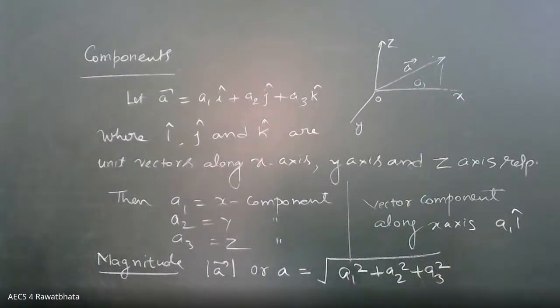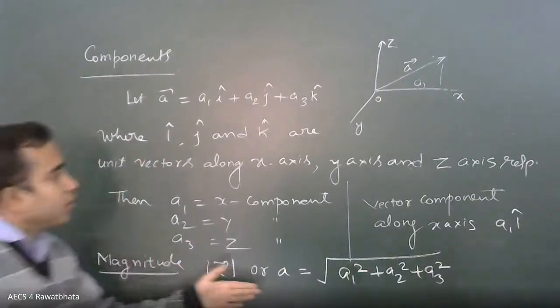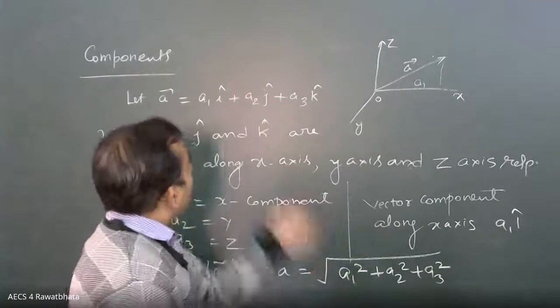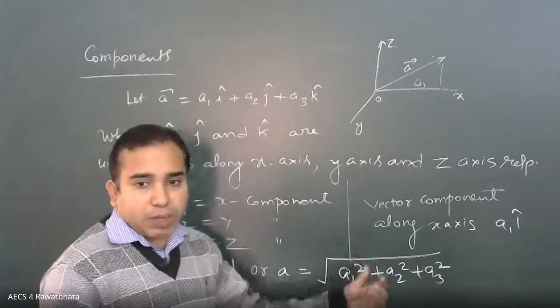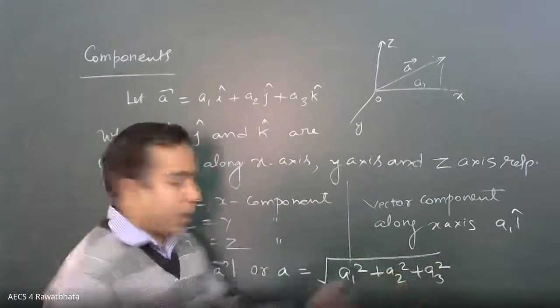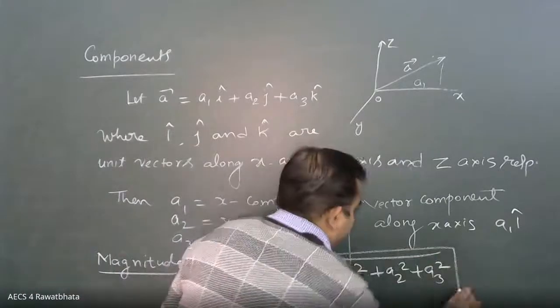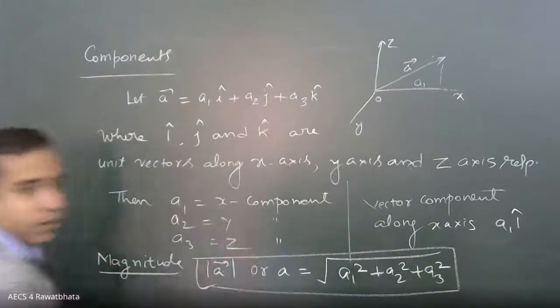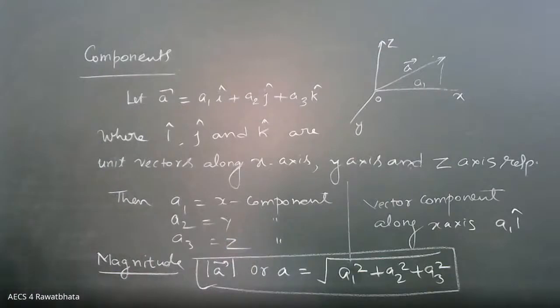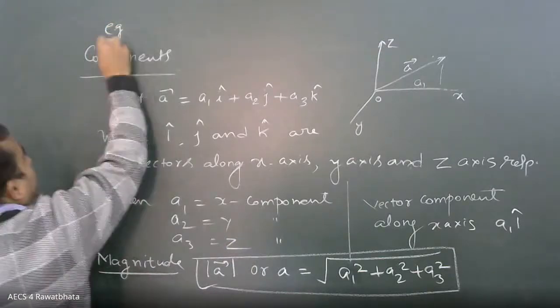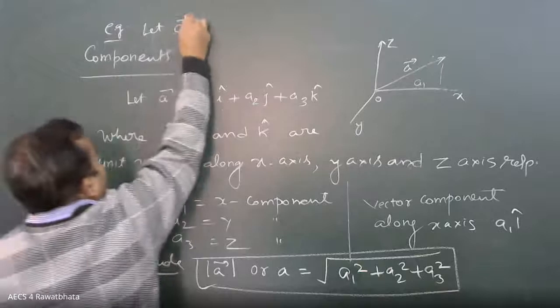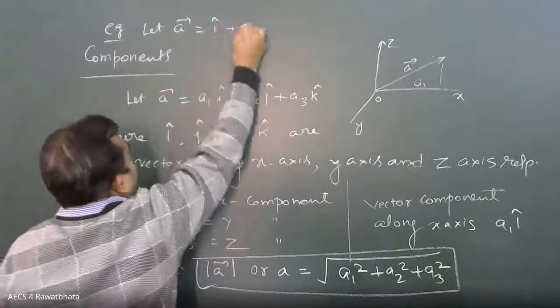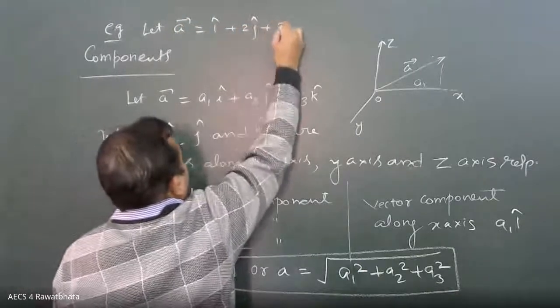Right? So suppose some vector is given, for its magnitude you need root of i multiplier square plus j multiplier square plus k multiplier square. If you understood, let me ask one question. Suppose that some vector A is i cap plus 2j cap plus 3k cap.